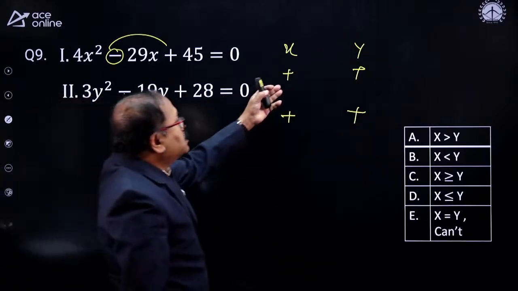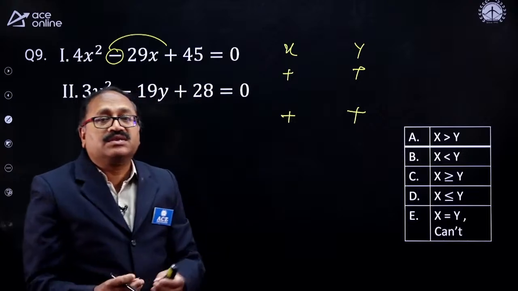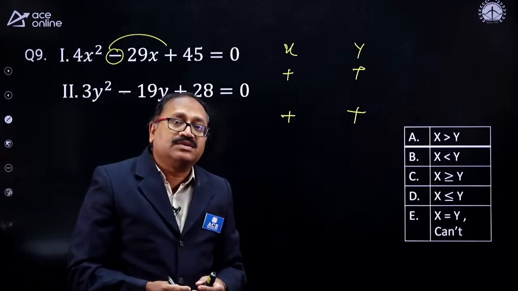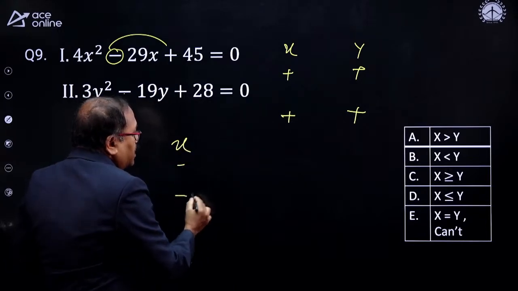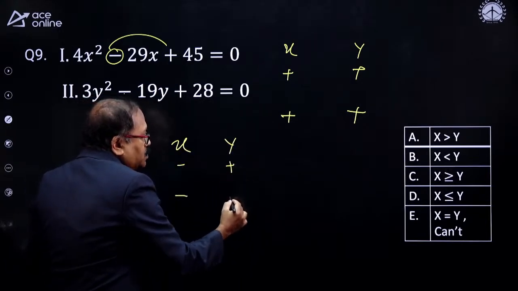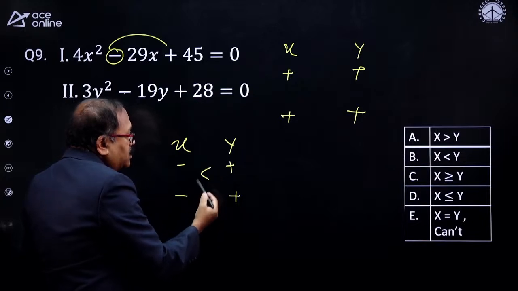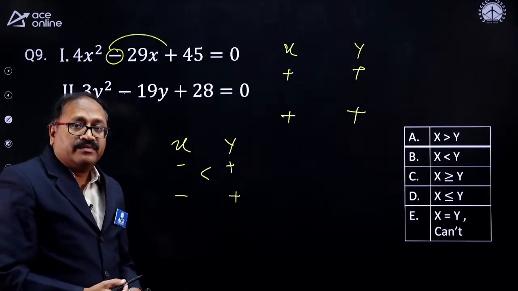Okay. Based on the sign, I cannot decide whether x is greater than y or y is greater than x. Suppose I get x with both values minus and y with both values plus, I can easily say that x is less than y.